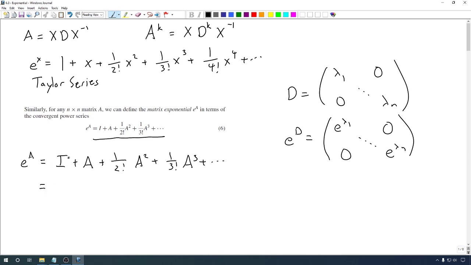And in fact, I'm going to go ahead and change out I. Remember, I you can just say is X times I times X inverse, because the X times X inverse turns into the identity matrix. But it'll be useful to have in that form for the next step.